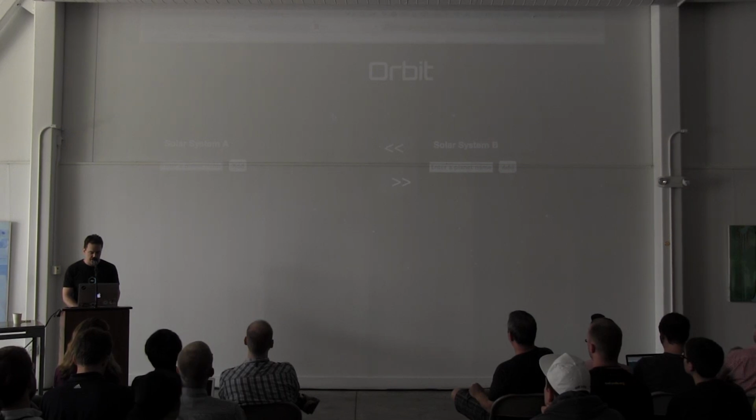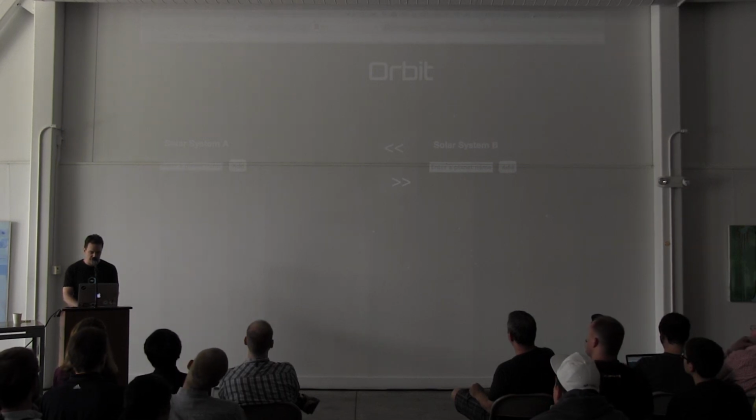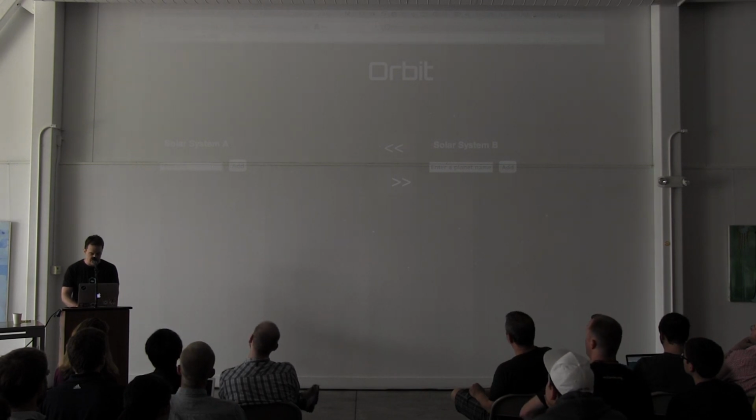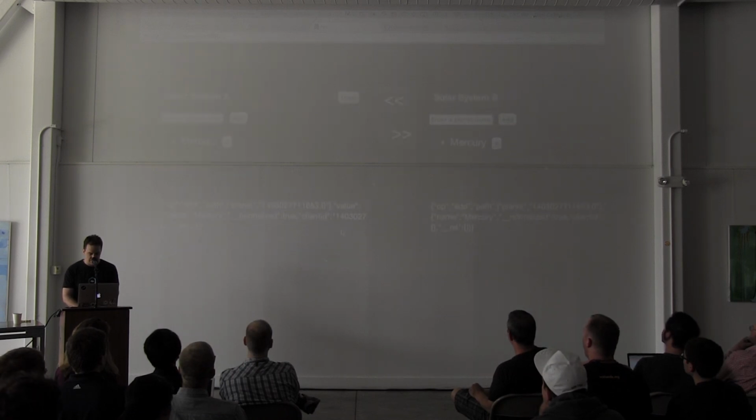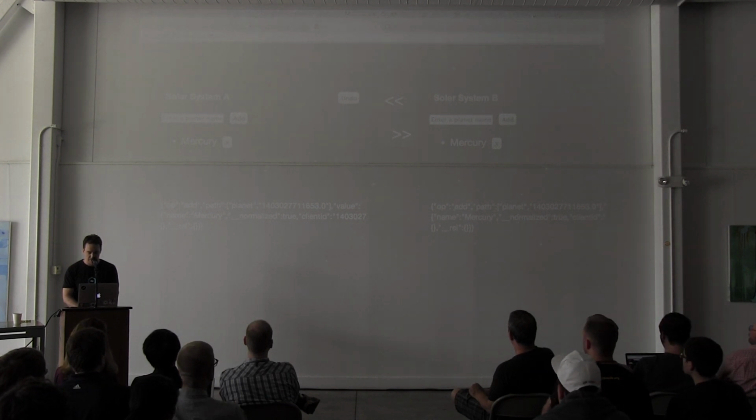We've got two different solar systems over here, and as we add planets to one, their operations are transformed, and those operations are synchronized with these transform connectors. They're set up. These are both enabled. These just indicate the flow. So there are two transform connectors between two different sources that are backed by local storage.